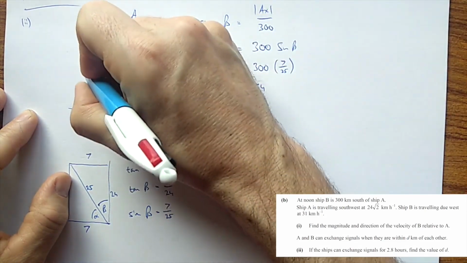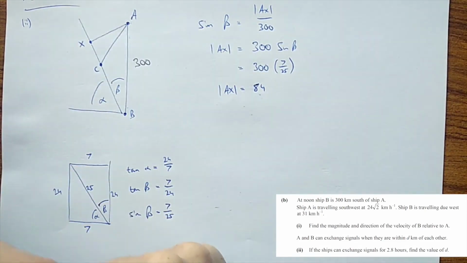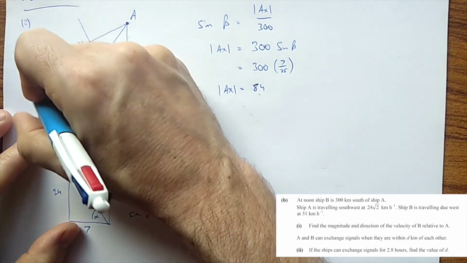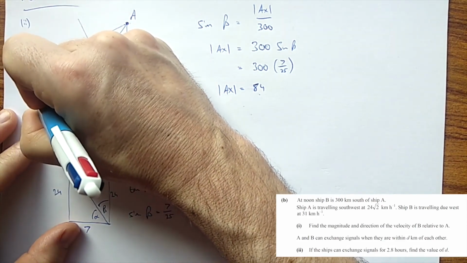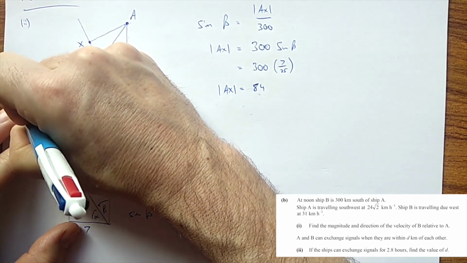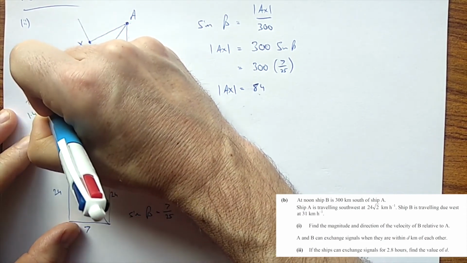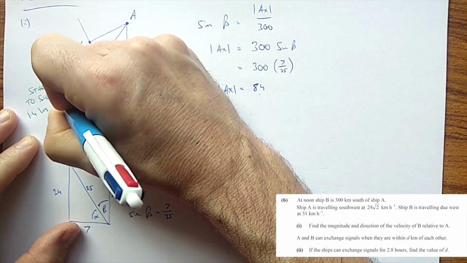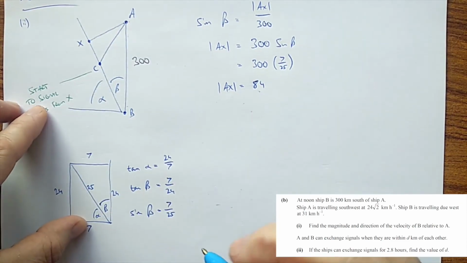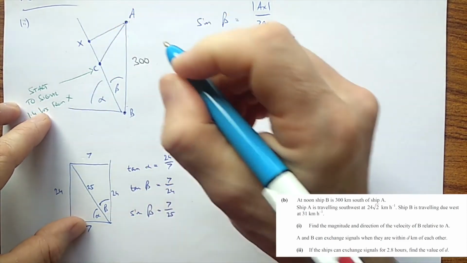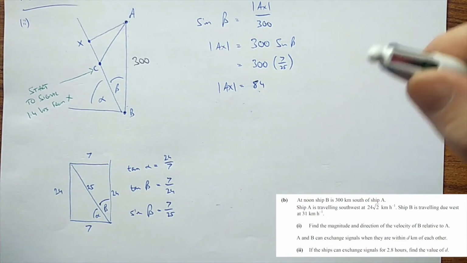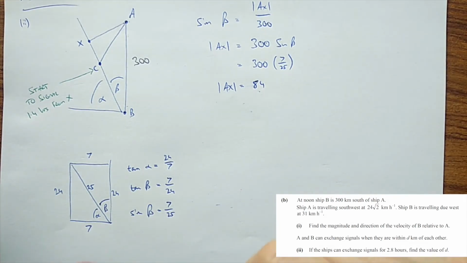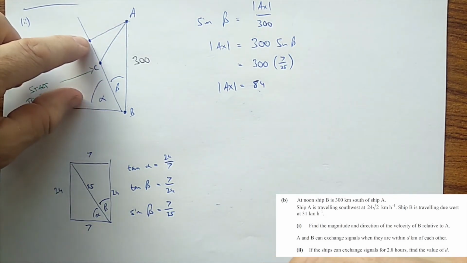We'll call this point C, start of signal, and this is 1.4 hours from X. Well, how far is it from there to there?